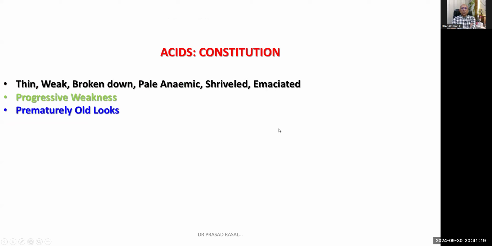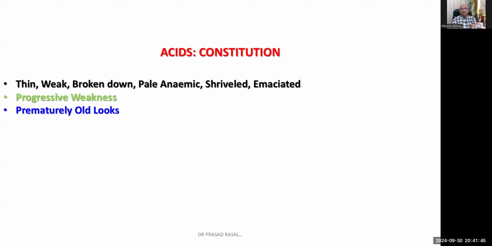How is the constitution of an acid? The acid constitution, they are thin personalities, generally weak, debilitated, broken down. This word is used specifically, that is, they were good earlier and day by day they are destructed. Broken down is nothing but the destructed constitution.